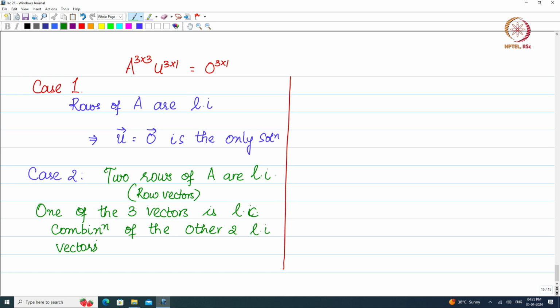Please note, I made a small change here: linearly independent was written, but one of the vectors is a linear combination, so I changed LI to LC. If this is the case, u equal to a1 cross a2 is a solution to Au equal to 0. And in this case we will have infinitely many solutions.